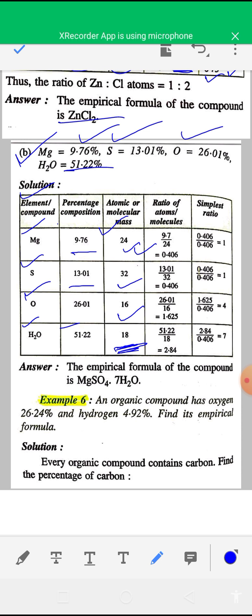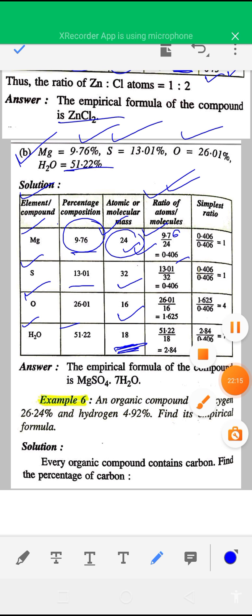In the next step, to get the ratio of atoms or molecules, you have to divide the percentage composition by its atomic mass or molecular mass. For magnesium the atomic ratio is 9.76 divided by 24, the value is 0.406, and for sulfur the atomic ratio is 13.01 divided by 32, which is 0.406.